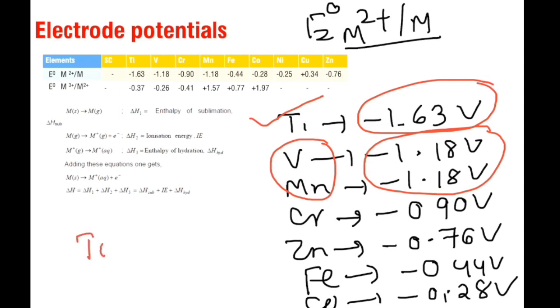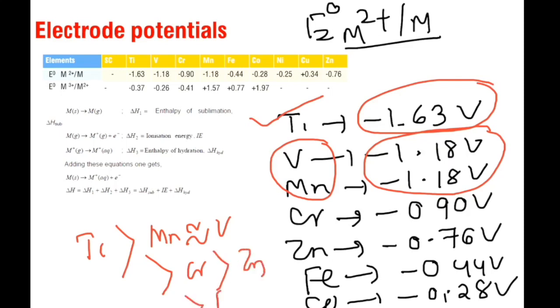Highest is titanium, more than manganese, nearly equal to vanadium, more than chromium, more than zinc, more than iron, more than cobalt, more than nickel. You remember this order. It means titanium can act as best reducing agent than manganese and vanadium, than chromium, than zinc, than iron, than cobalt, than nickel.